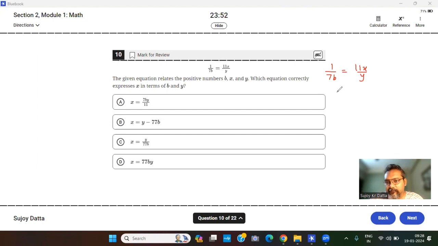So what happens is you get y over 7b equals 11x. This y cancels out because you multiplied y. Now divide by 11 on both sides. So y upon 77b would be x. So they are saying which is the correct expression for x. So it is y upon 77b. So that is the third option.